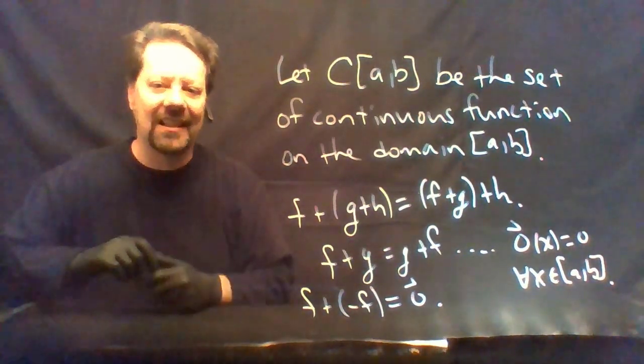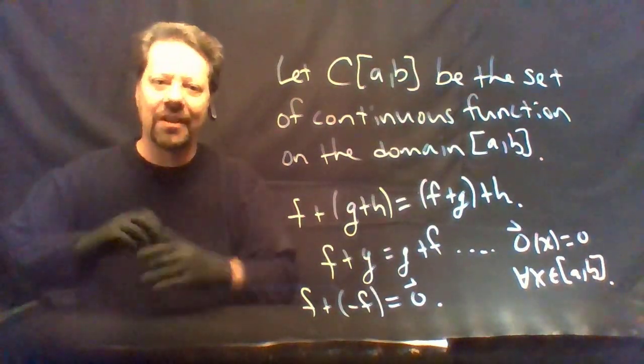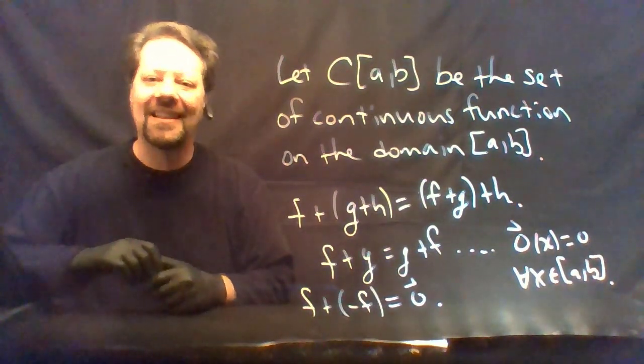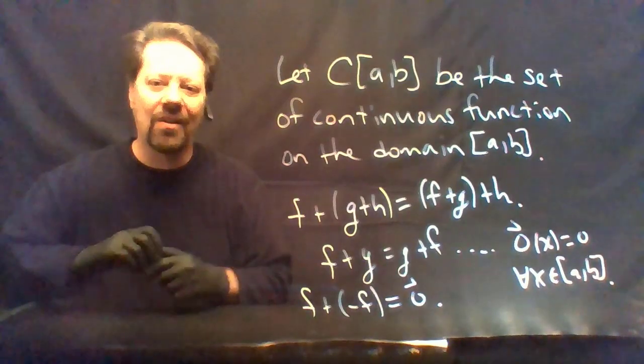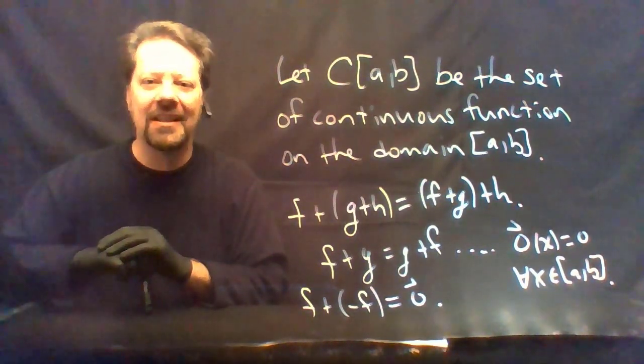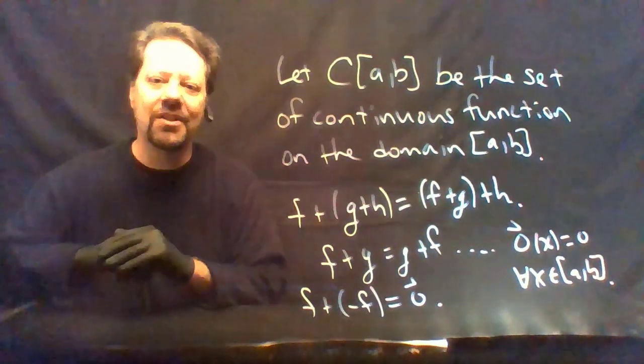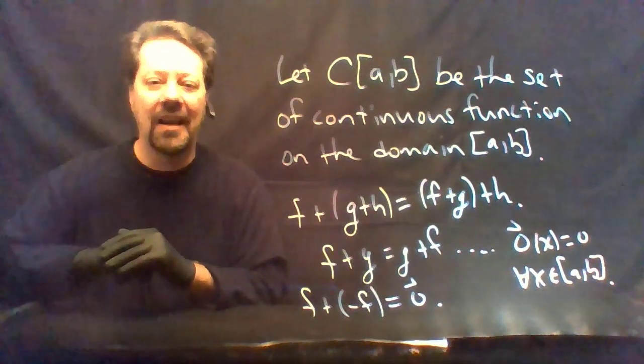You can go straight down the list. 1 times a function is that function. There's an associative law for scalar multiplication. All 10 properties are satisfied for the set of continuous functions. So the set of continuous functions forms a vector space, and each continuous function is a vector.